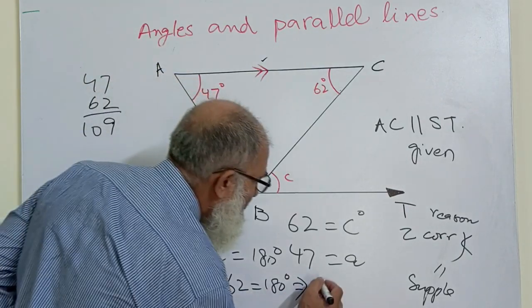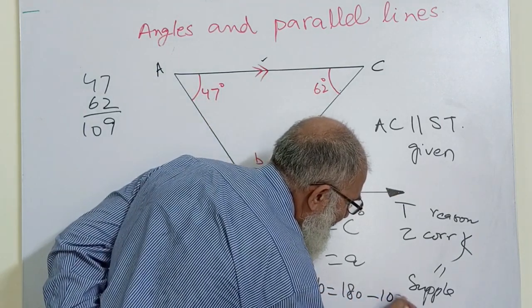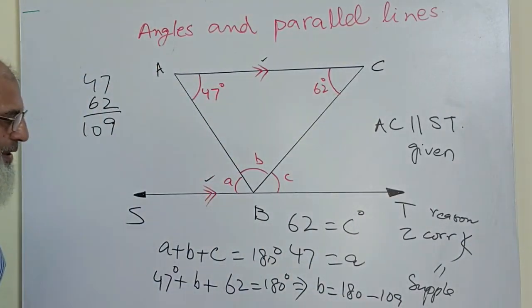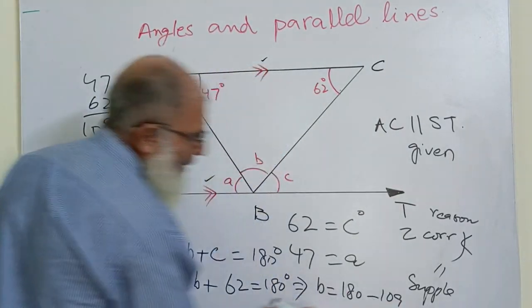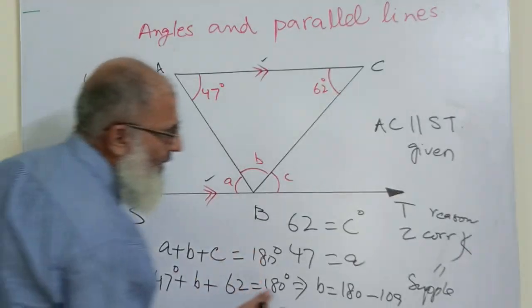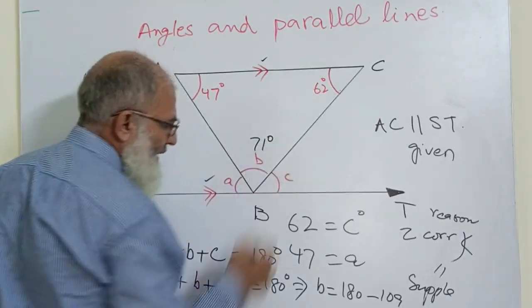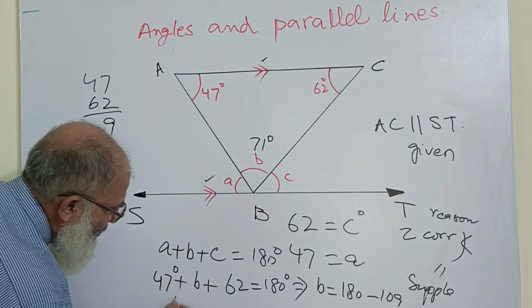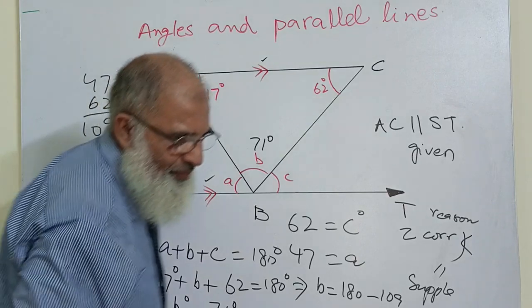So B is equal to 180 minus 109, which is 71 degrees. Because 180 minus 109 gives B equal to 71 degrees.